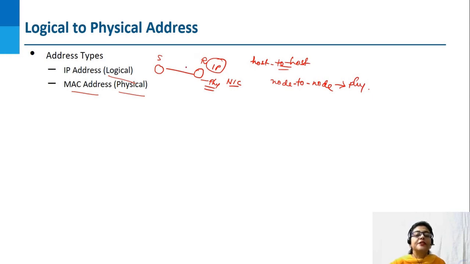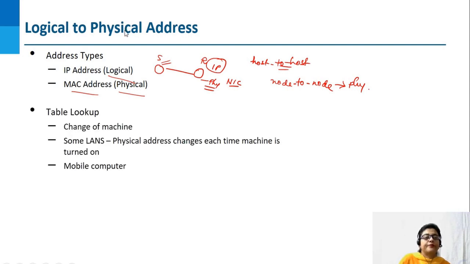So unless the physical address is known to the sender, it is not possible to transfer the message to the desired node in the corresponding network. That is why there is a need for mapping the logical address to the physical address.